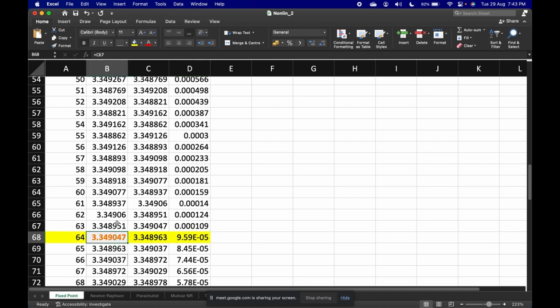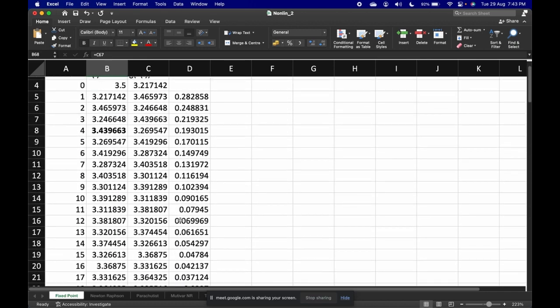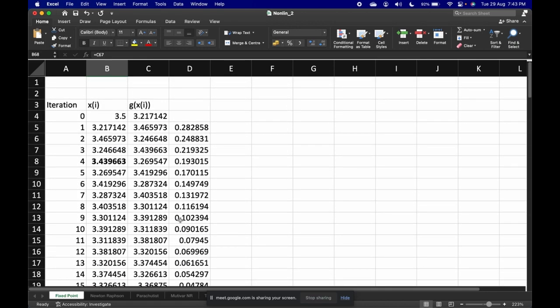So this is where you can stop and say, okay, this is the considered value 3.349, and this is your solution of the equation using fixed point.